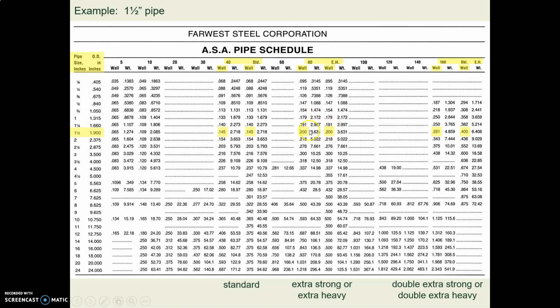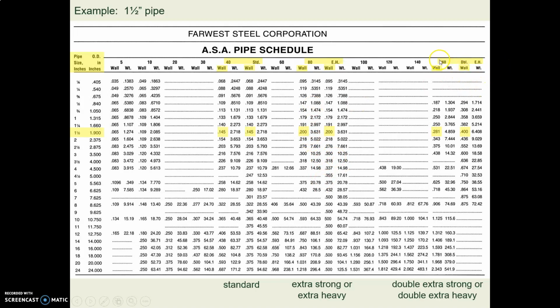For extra strong, 1.9 minus 0.4 gives you 1.5, if you're following along with your calculator. So it happens, almost through sheer coincidence, that extra strong pipe is 1.5" inside diameter. That's not true of all the other sizes.